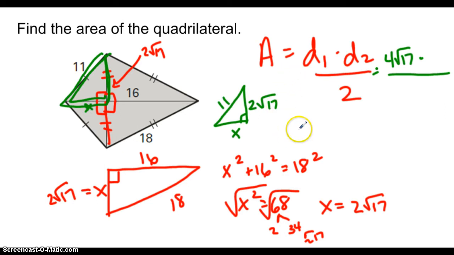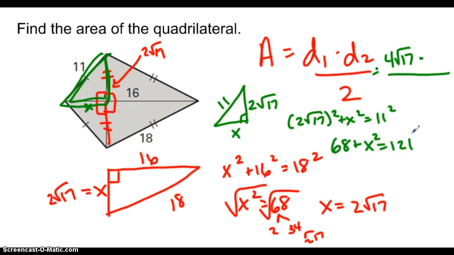Again, we don't know any angle measures, so we use the Pythagorean theorem. So 2 root 17 squared plus x squared equals 11 squared. And 2 root 17 squared is just 68. So 68 plus x squared equals 121. 121 minus 68 is 53, so x is the square root of 53.